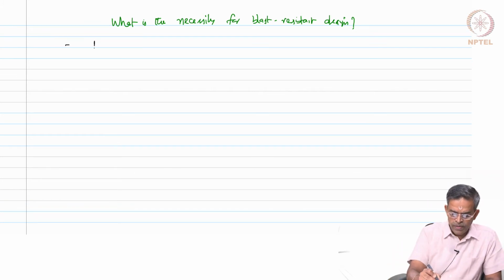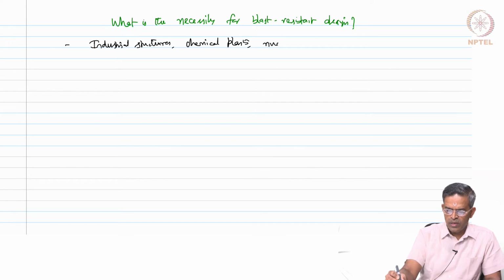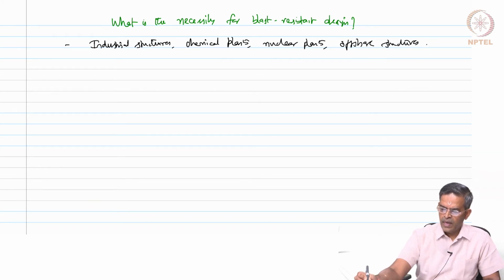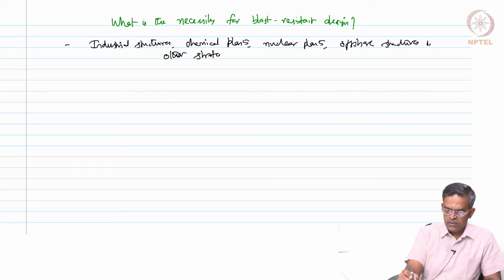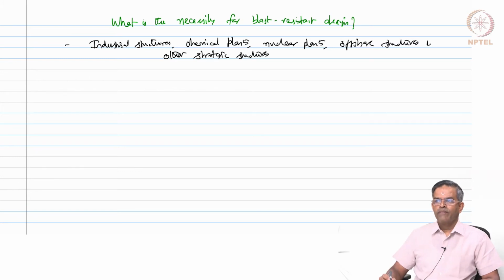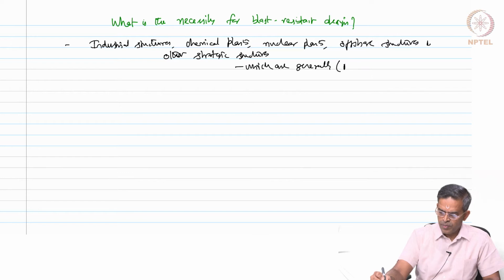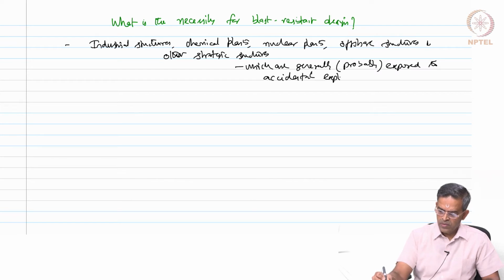So, we have to say here that industrial structures, chemical plants, nuclear power plants, offshore structures, and other strategic structures which are generally exposed to accidental explosions need to be designed for blast loads.